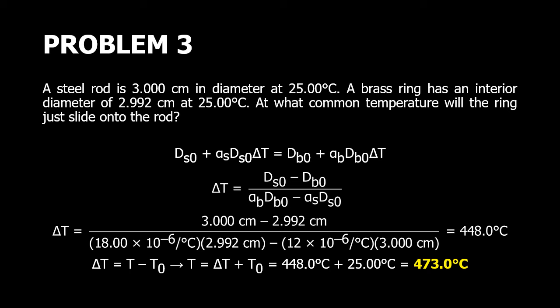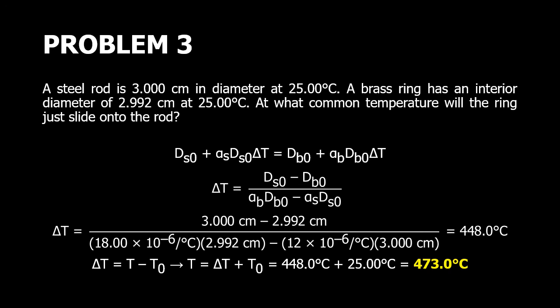But we are looking for the common temperature, so let us assume that the initial temperature for both cases is already given, which is 25 degrees Celsius. What we are looking for is the final temperature.